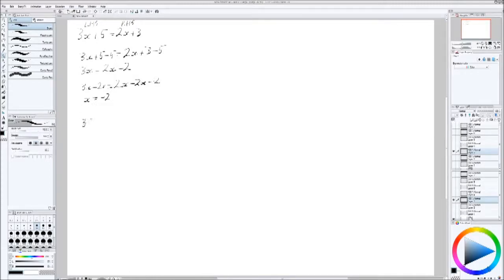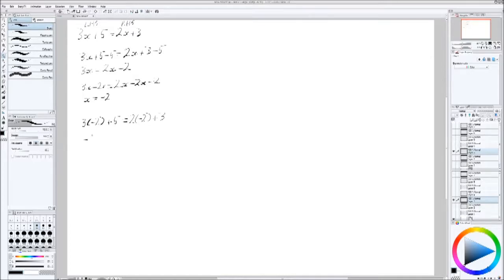So we end up going 3, negative 2, because that's where an x was, plus 5 equals 2, negative 2, plus 3. Now when we simplify this, this should come out that both sides are equal, like when I had the x is equal to x.